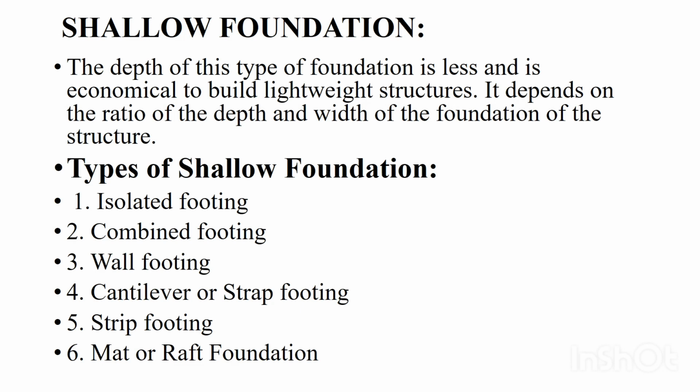Means this shallow foundation is economical, usable, easy to apply, easy to construct, and cheap. For types of shallow foundation, we have six types: isolated footing, combined footing, wall footing, cantilever or strap footing, strip footing, and mat or raft foundation.